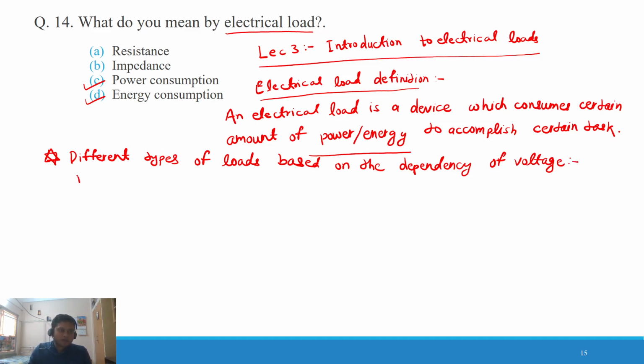So just briefly we will see the different types of loads. First one is constant power load, that is independent of voltage level. So demand is constant regardless of voltage.